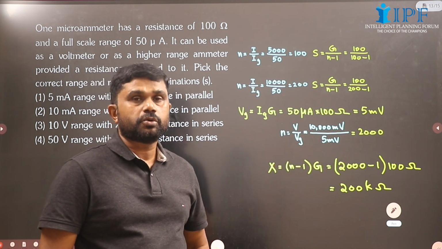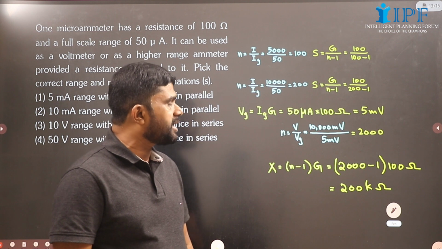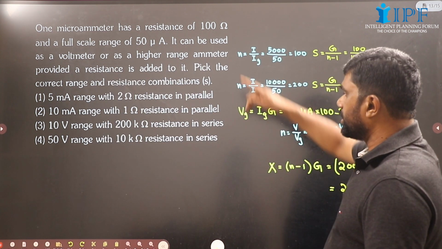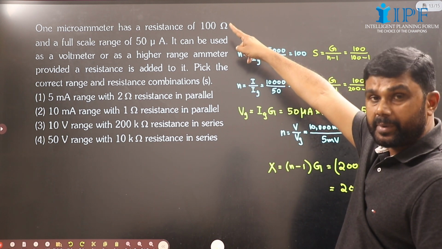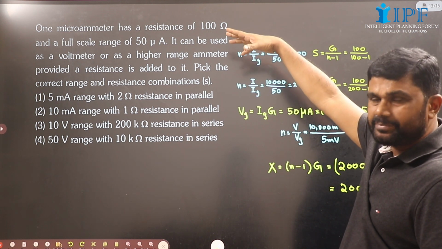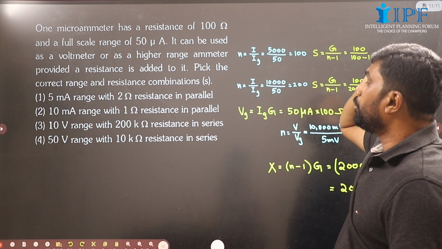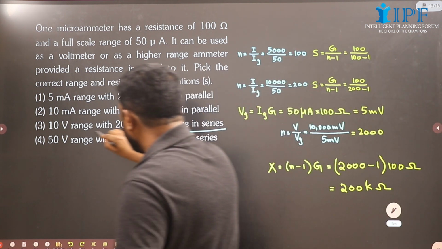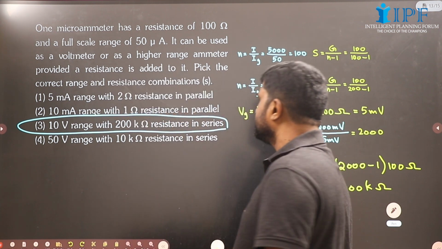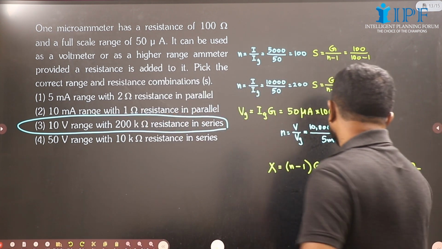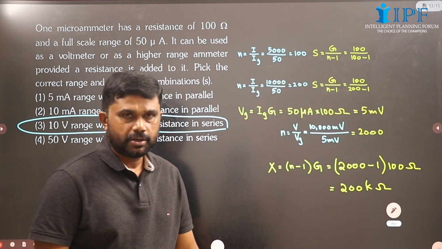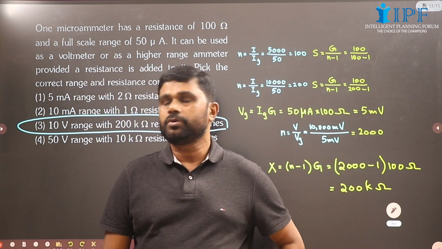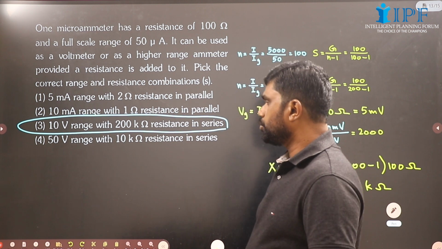So the high resistance to be connected in series will be 2000 minus 1 into 100, approximately 2000 into 100, or 200 into 1000, or 200 kilo ohm. So this is true, and that is the correct option.